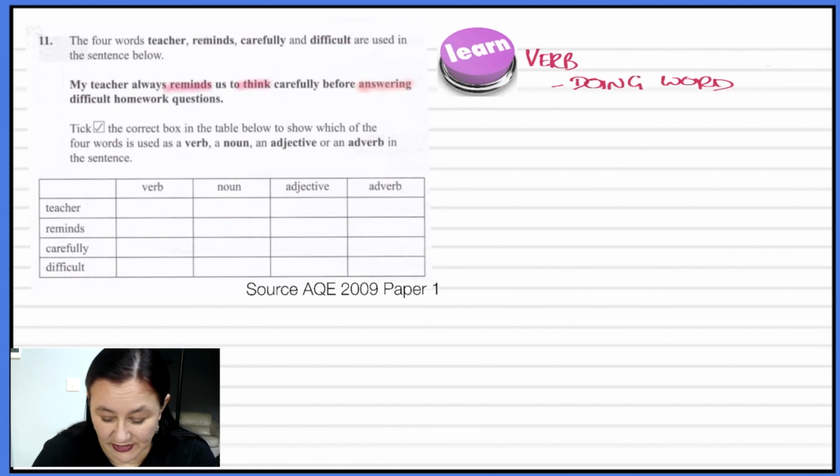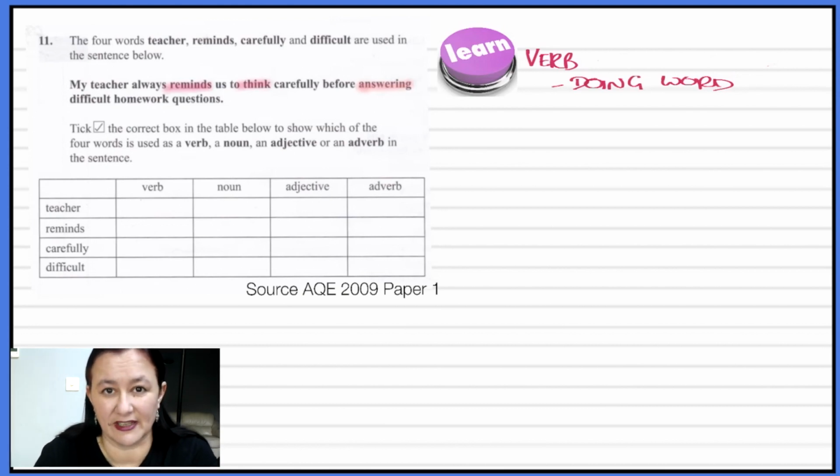Then, moving on to the next one, we've got a noun. So what is a noun? It's a person, a place or a thing, and that's on a basic level, if you like. In these particular questions, you'll have a very standard noun being asked for. In this example, we've got 2 nouns in there, the teacher and the questions.